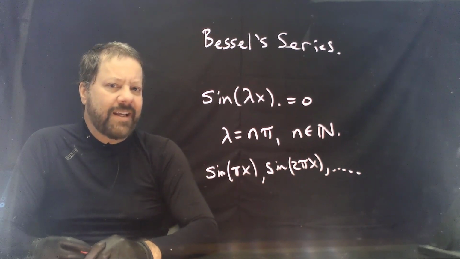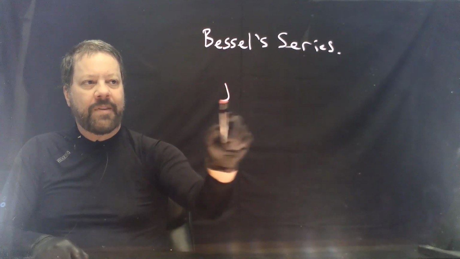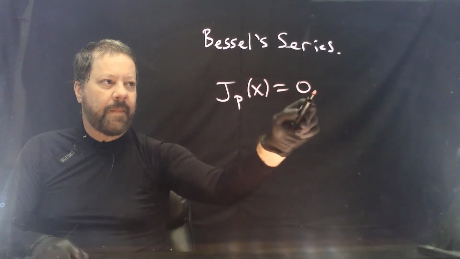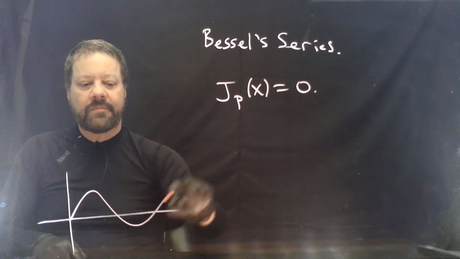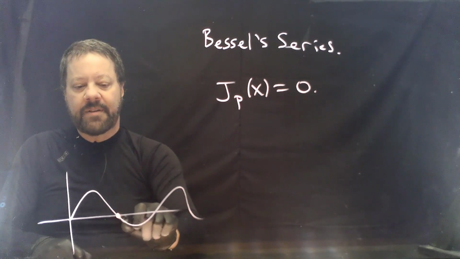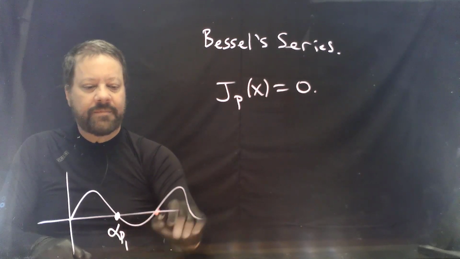We're going to do something quite similar with respect to these Bessel's functions. We're going to look for where these Bessel's functions equal 0, and as you know, these things are going to cross the axis a bunch of different times. Let's call this first one alpha p1.